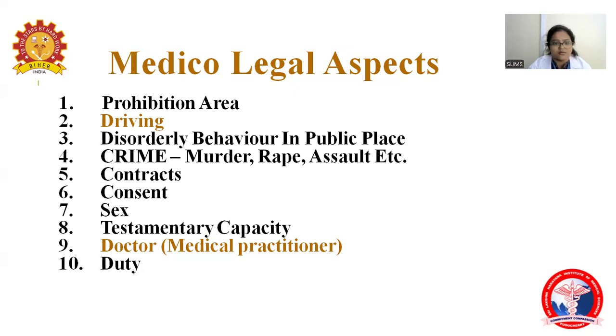That has to be ruled out. Any contract signed under the influence of alcohol becomes invalid. In the same way, consent given by a person at the time of consumption of alcohol becomes invalid. In a similar way, sexual behavior with such a person amounts to rape.